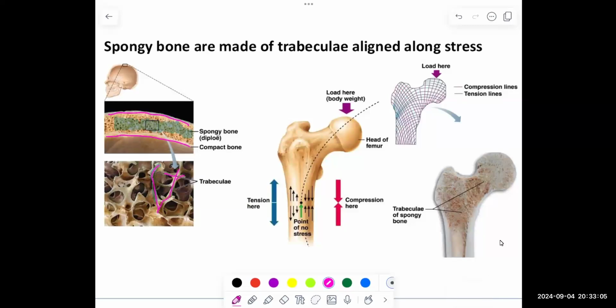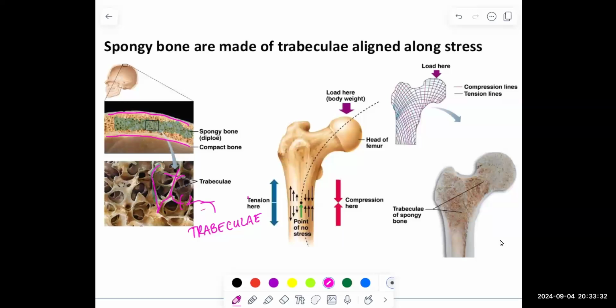these are called trabeculae. They make a network. Trabecula is singular, with an E at the end is plural. They make a network of bone with space in it.